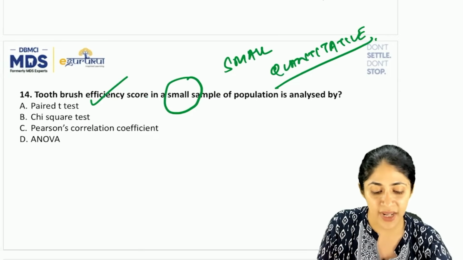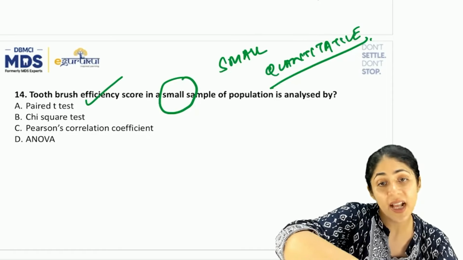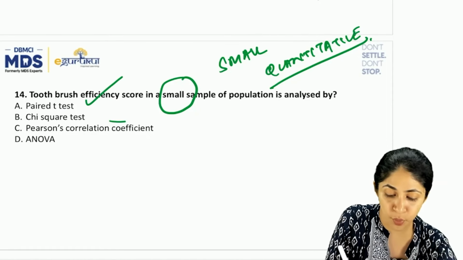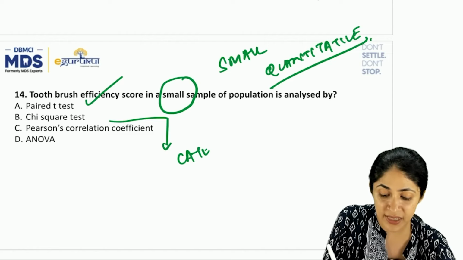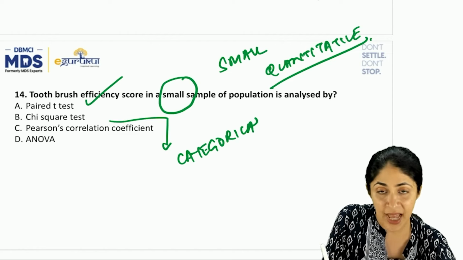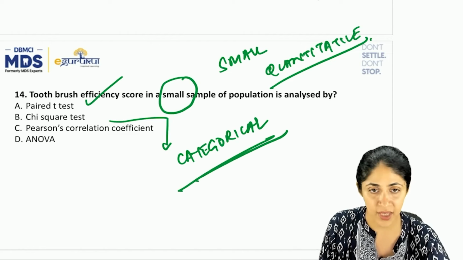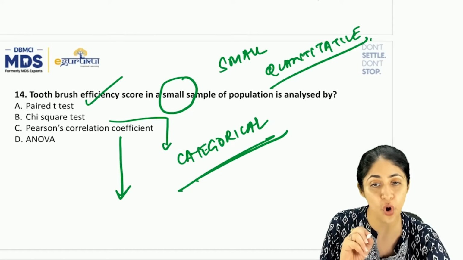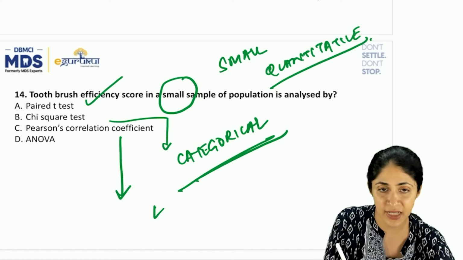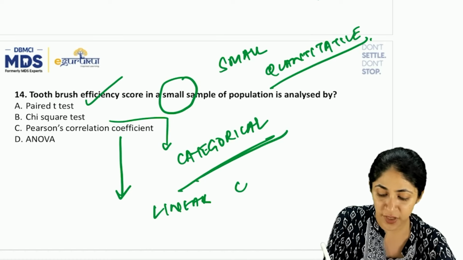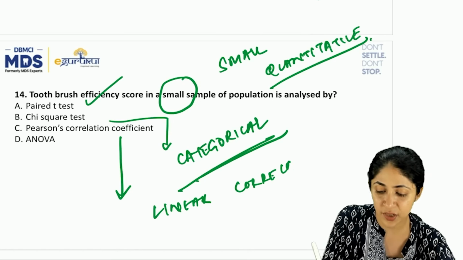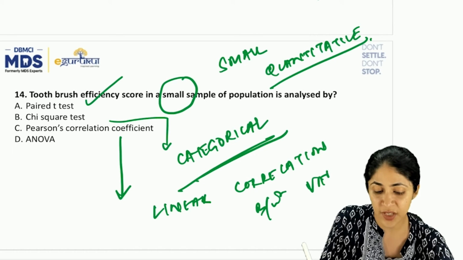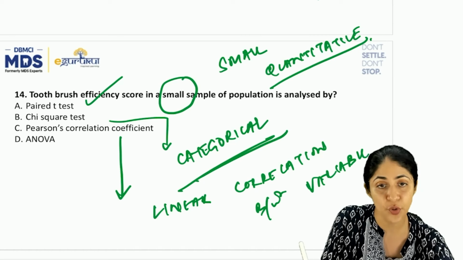Now why can't it be the chi-square test? The chi-square test tests the distribution and relationship of categorical data. The data has to be categorical. Pearson's correlation coefficient is the most common way of measuring a linear correlation. So when you want to study the linear correlation between two variables, that is when you use Pearson's correlation coefficient.